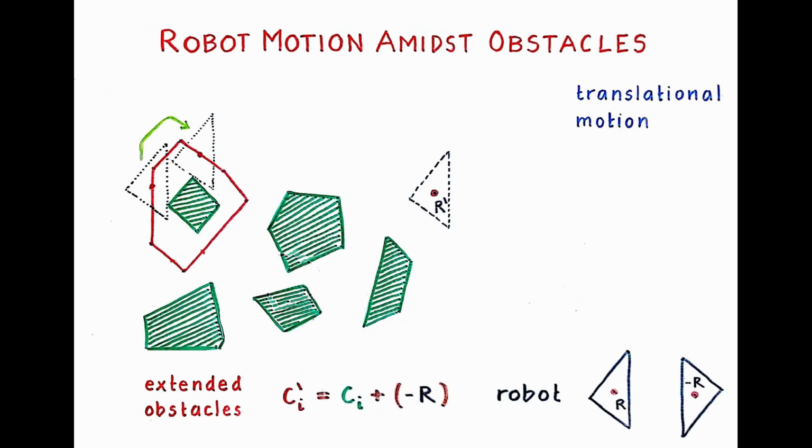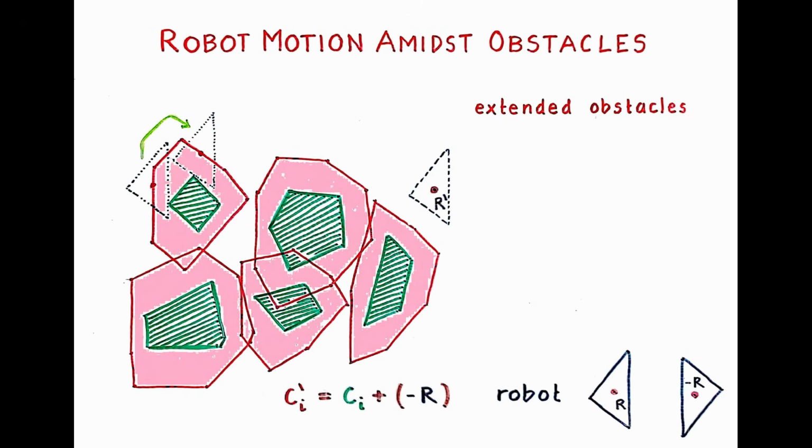This is this red curve. So obviously, if we have a position of the robot where the reference point is within this red curve, then it will collide with the first obstacle. If it is outside, it won't. So in this way, we can define these extended obstacles, and we can do it for each of the obstacles. We get these pink regions.